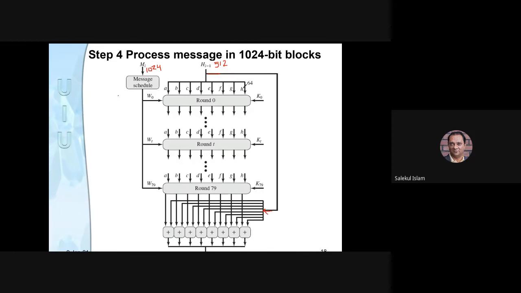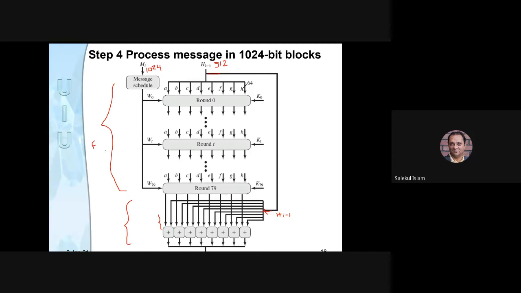If you remember, we have two parts. The first part is the f function, and then the output of the f function will be XORed with Hi minus 1. So here I have that Hi minus 1. The plus signs at the bottom represent XOR.